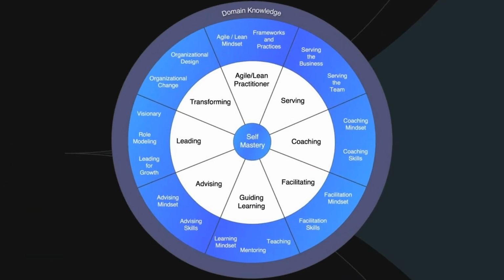So in the very central part of the wheel, you see self-mastery. Together with all eight areas on the white background, these are 9 core competency areas: coaching, facilitating, guiding learning, advising, leading, transforming, being an agile practitioner, and self-mastery.